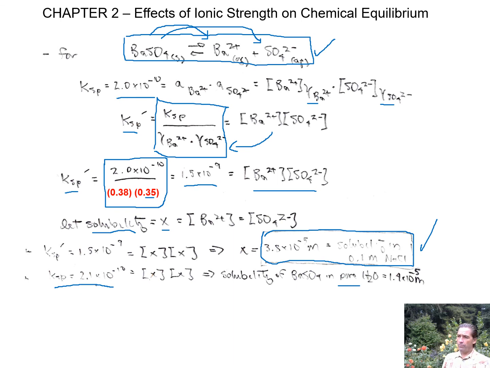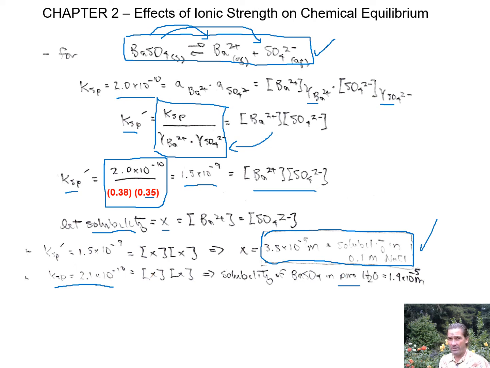So in looking at this video, I would say there's three things I would like you to know. I would like you to be able to calculate the ionic strength of a solution. That will most likely show up on a midterm. The second thing, I would like you to be able to explain to me how that affects the equilibrium.